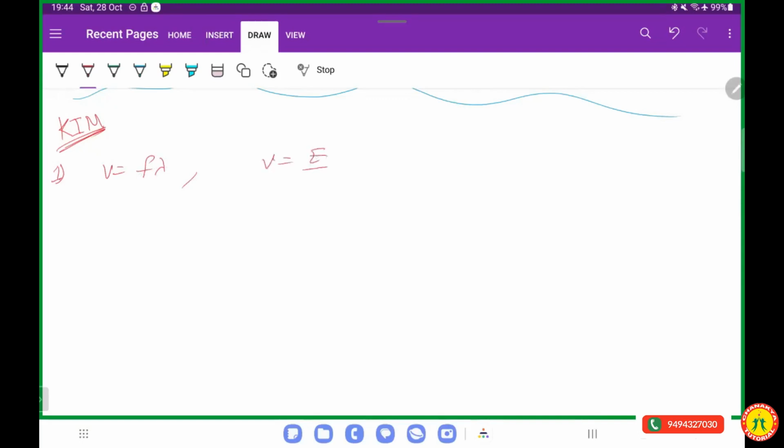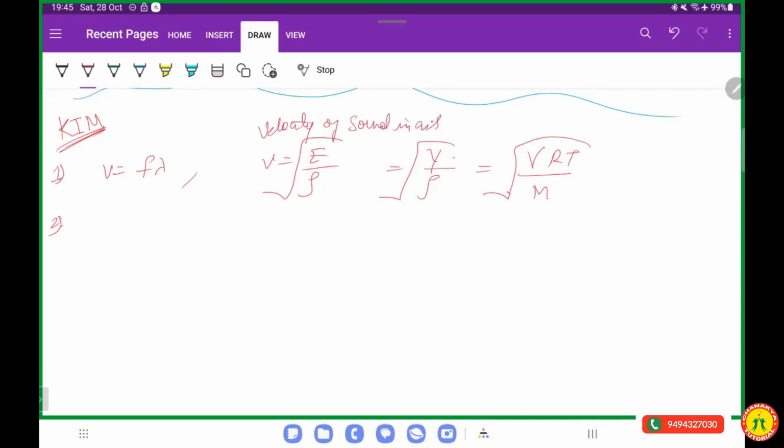v equals root of E by rho, Young modulus by rho. T by m. Next we can say this is the velocity of sound in air.